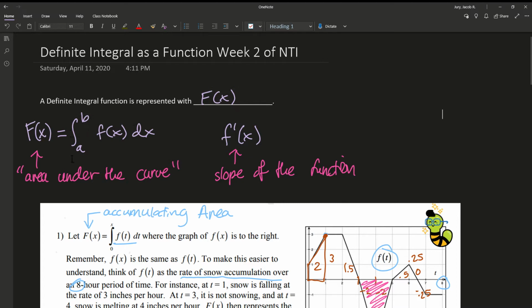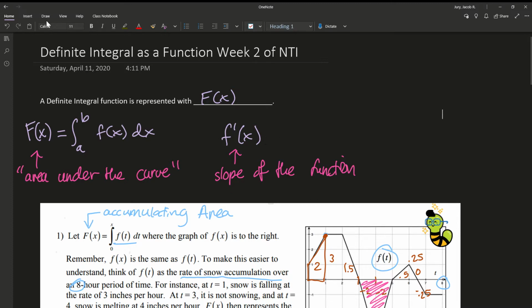So, we looked at the integral of a function from a to b bound by those two things, and we know this as the area under the curve. However, from before, we looked at a function and we put a little apostrophe on the f that represents the function, and we know that this means the slope of the function.